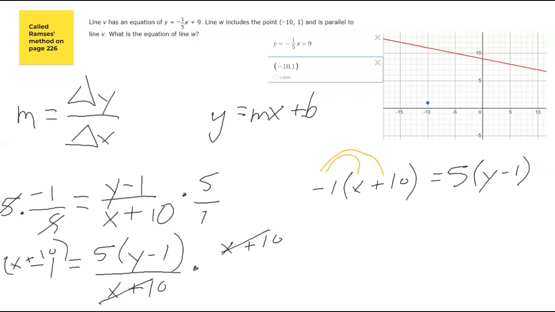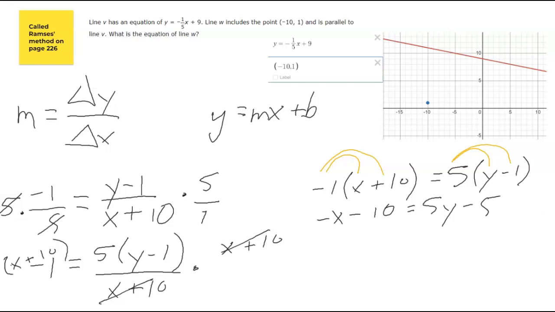And then we're going to multiply 5 times y and 5 times negative 1. And that is going to be distribution. So negative 1 times x is negative x. Negative 1 times 10 is negative 10. 5 times y is 5y. And 5 times negative 1 is negative 5.